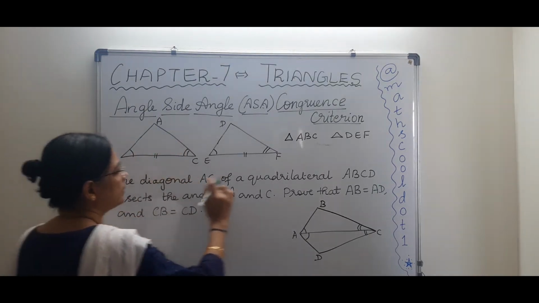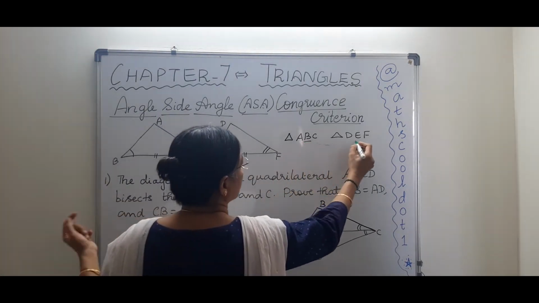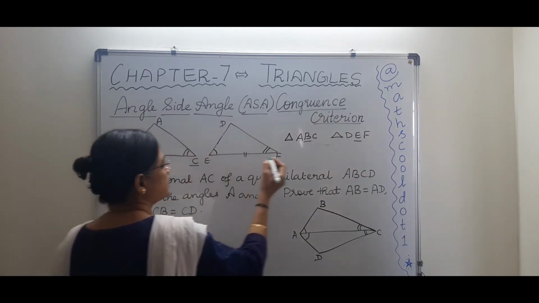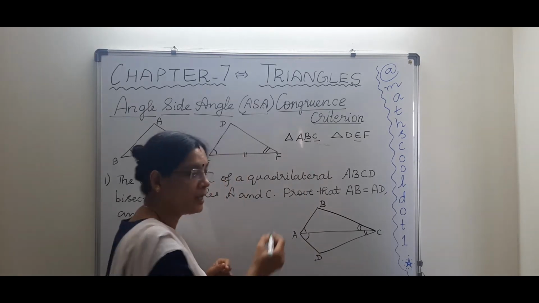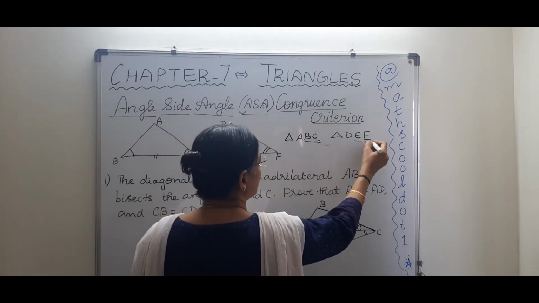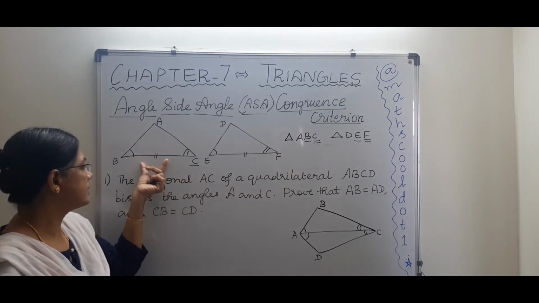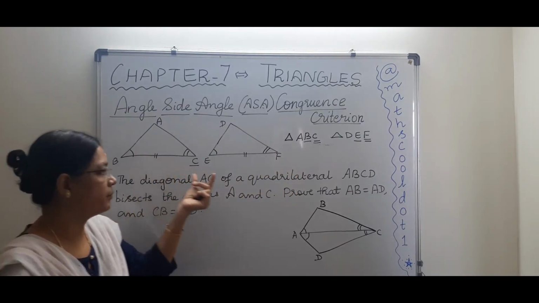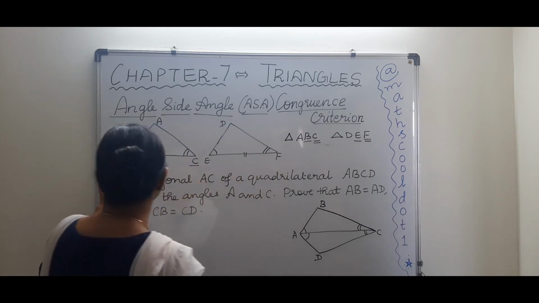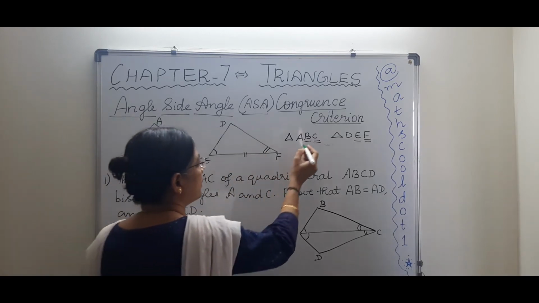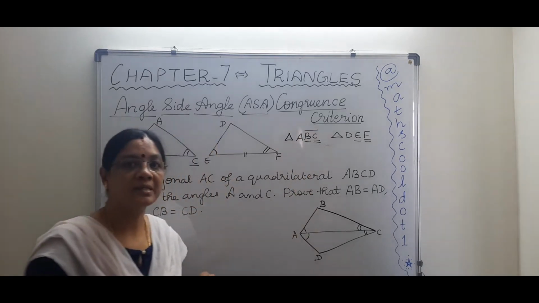If I say angle B, then the corresponding angle E has to be equal. Likewise, if I say angle C, then this C should be equal to angle F here, right? Then the side enclosed between them: if B and C are the angles chosen, then the side included between them is BC.